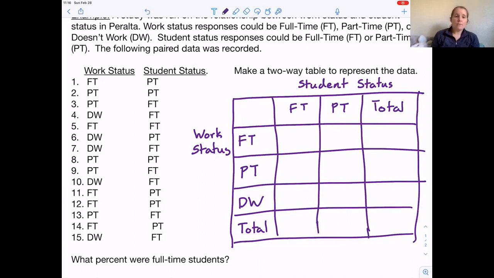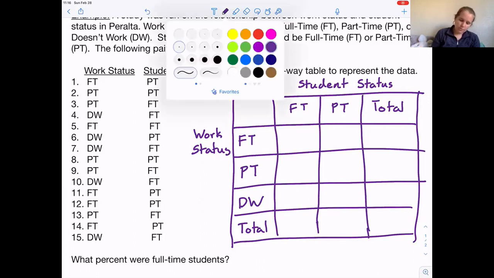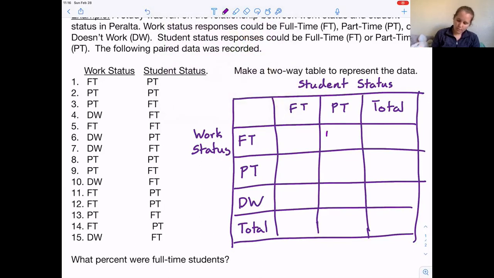So going through, student number one worked full-time, so we're in the first row, and we're a part-time student. So student number one would go in the category full-time work, part-time student. Student number two is part-time work and part-time student, so they'd go here.